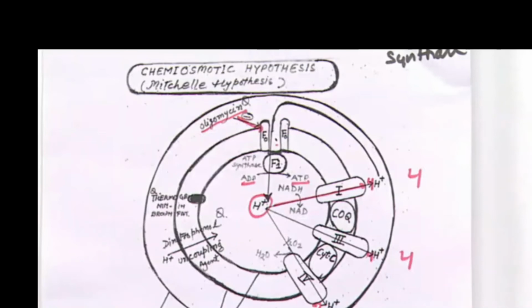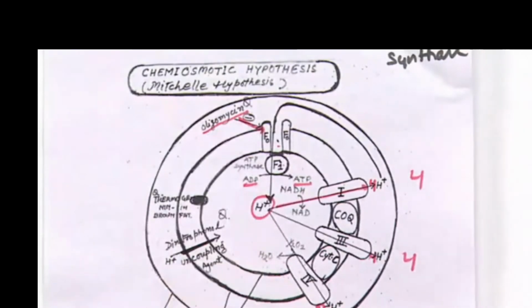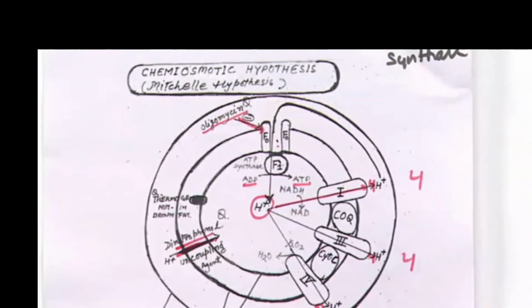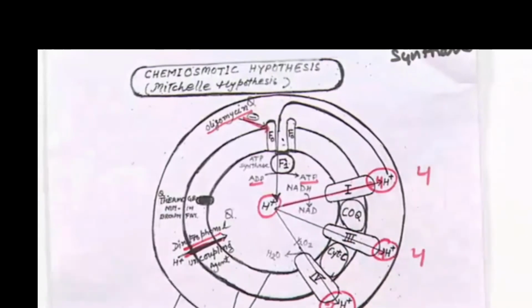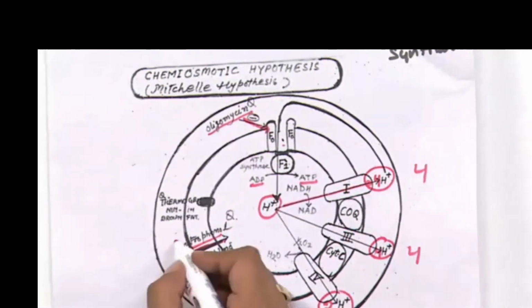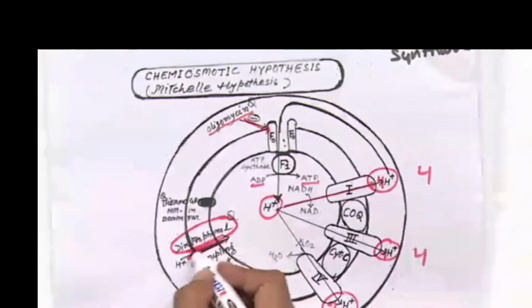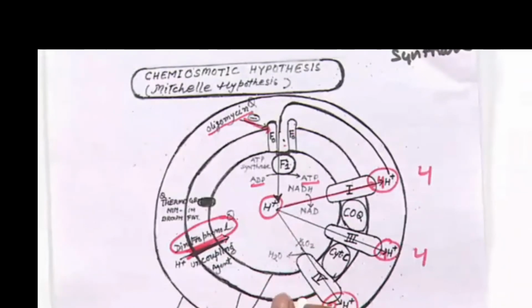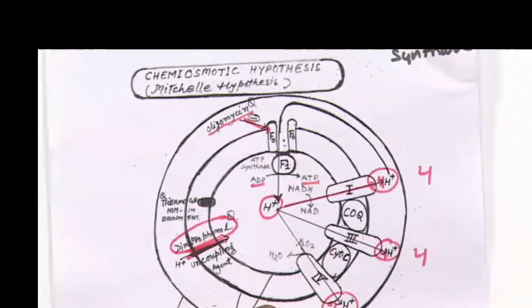Okay. We found if a toxic compound damage inner mitochondrial membrane, these 4 H+ or these 10 H+, if a toxic compound just like dinitrophenol damage this inner mitochondrial membrane or produce leak or do leakage of H ion through inner mitochondrial membrane.